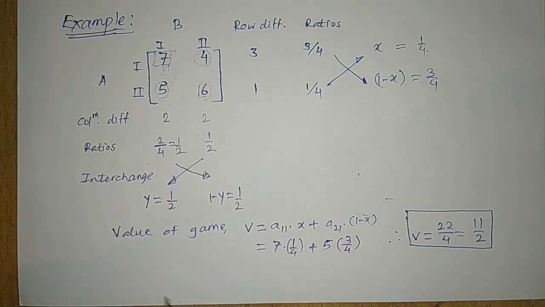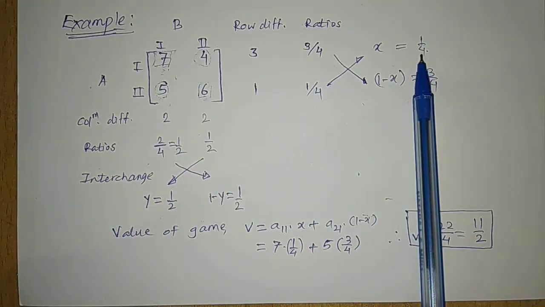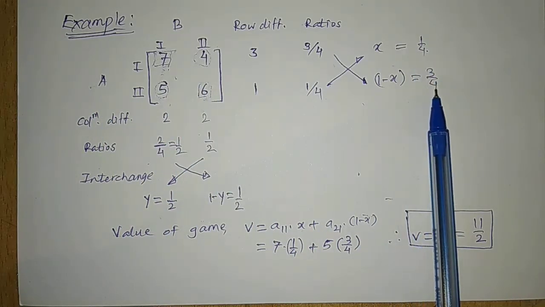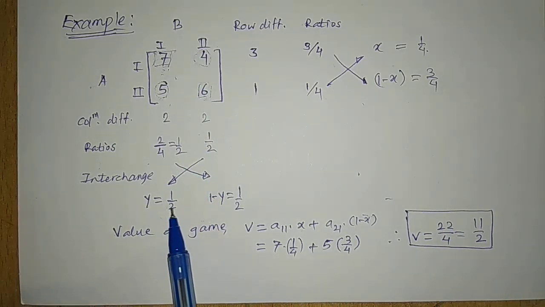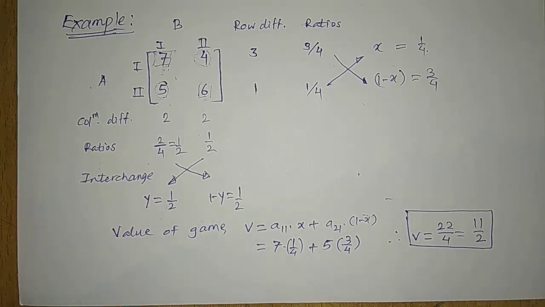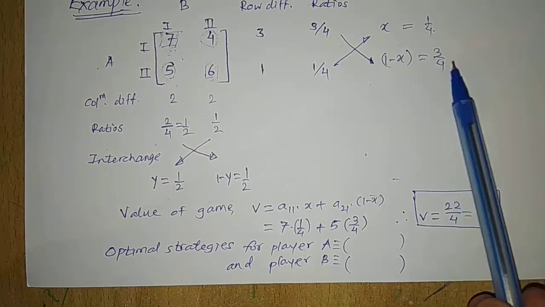And let us write the optimal strategies now. Optimal strategies for player A with the probabilities will be 1 by 4 and 3 by 4. Similarly, for player B, the optimal strategies with respect to probabilities will be 1 by 2 and 1 by 2. So friends, let us write the optimal strategies for player A. What are the probabilities for strategy 1 and 2 respectively?